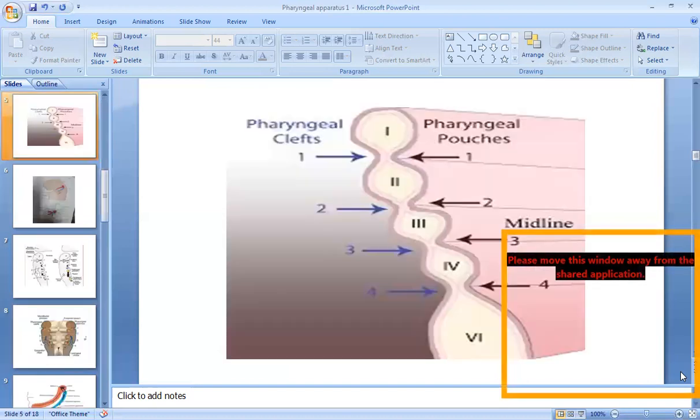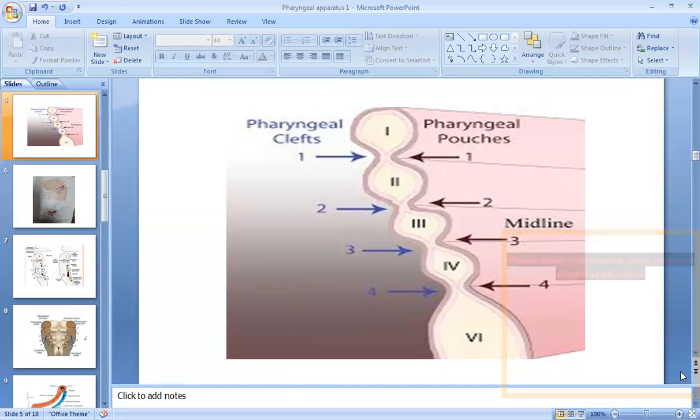For better understanding, if you concentrate on this diagram, these pharyngeal arches are mesenchymal tissues. Actually, they are made of mesoderm. These are the bars of the mesoderm, but this mesoderm has been changed into mesenchymal tissue.